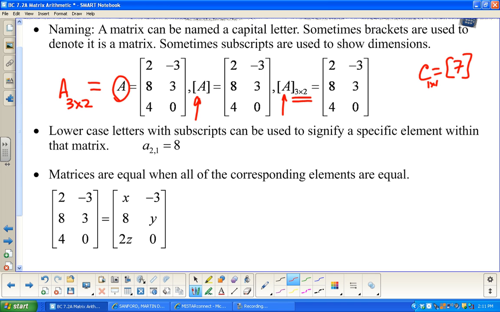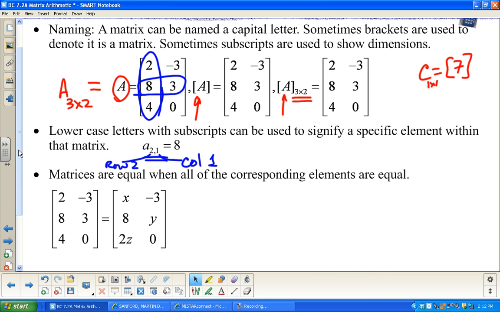You can use lowercase letters, the same lowercase letter with subscripts, to talk about a specific value in that matrix. So for instance, this one says 2, 1, so that would be row 2, column 1. So here's row 2, column 1, and the number that they're talking about is in this position, and it happens to be 8.